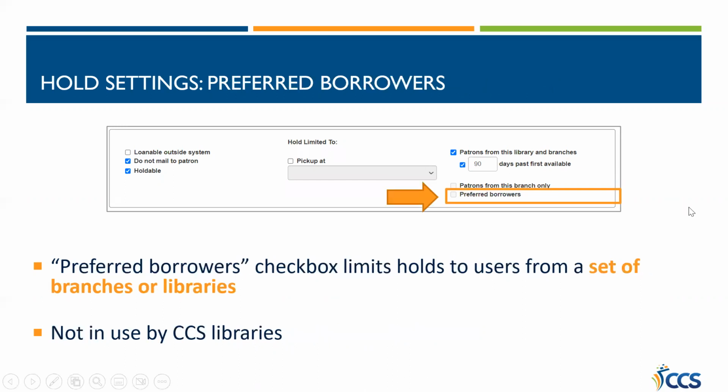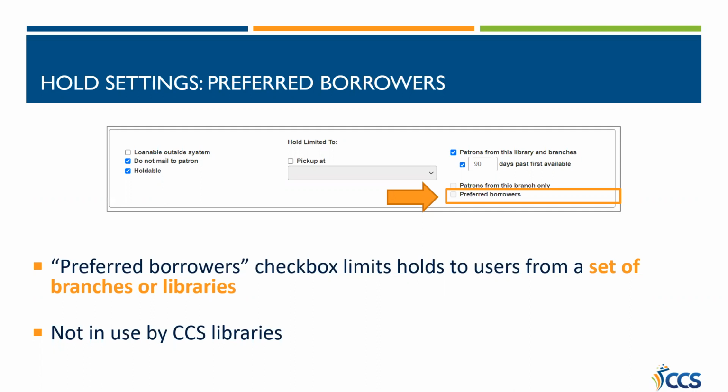And then the next checkbox setting is a little confusing, if I'm honest. It's a checkbox that says preferred borrowers. However, the only preferred borrower you can define is an entire library.